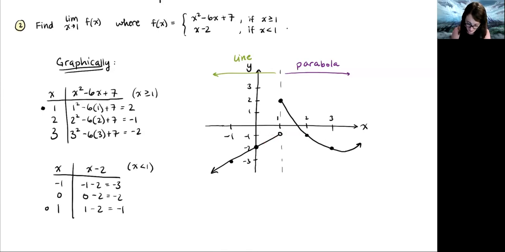So from the right-hand side, we're going to be heading along the function as x approaches 1 from this direction. And we just look and see the y values are getting closer and closer to the y value of 2. And so that is what we will write here. Let's write the limit as x approaches 1 from the right of f of x is equal to +2.